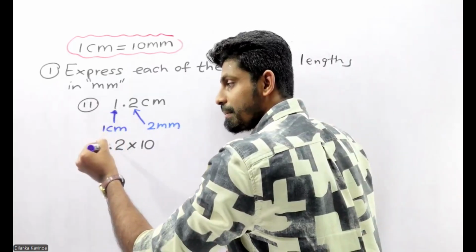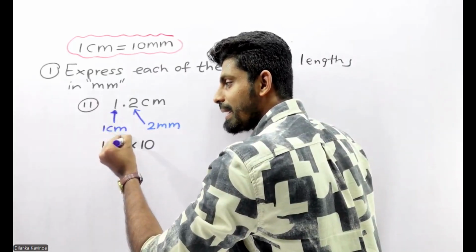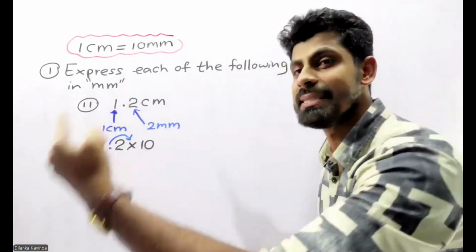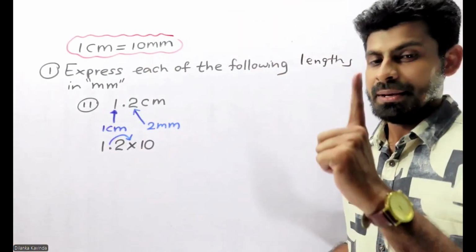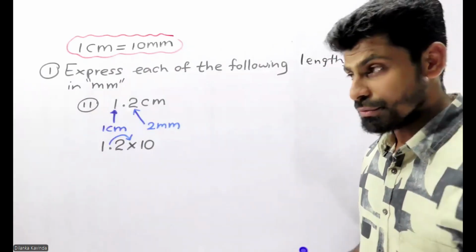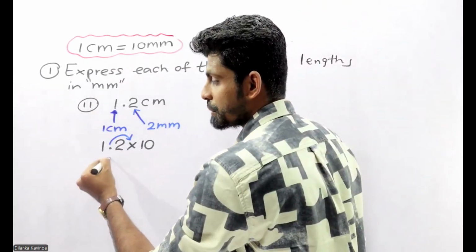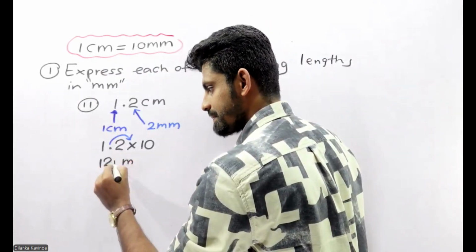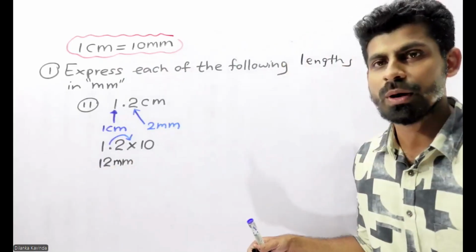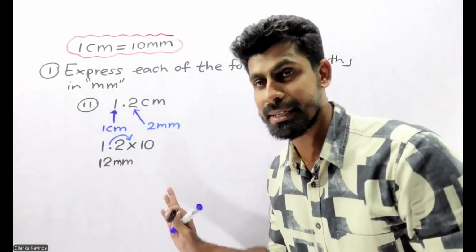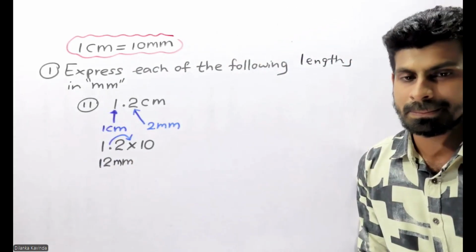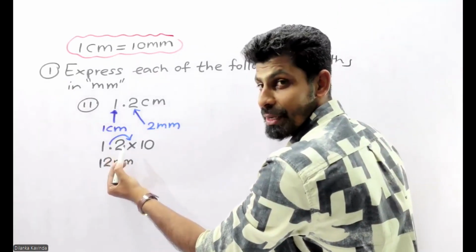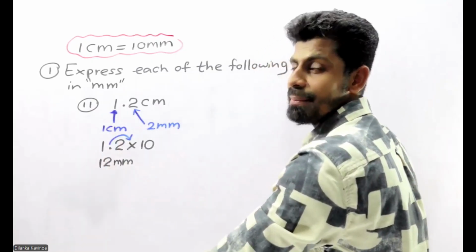One zero. So multiplying by 10 means moving one decimal place to the right. So that means 12 millimeters. 1.2 multiplied by 10 means 12 millimeters.